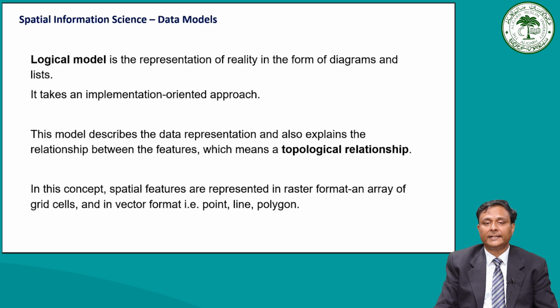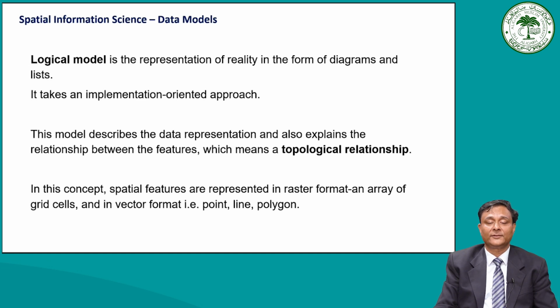A logical data model contains all the details to define an information domain. So, the logical model is the representation of reality in the form of diagrams and lists. It takes an implementation-oriented approach, and the logical model describes the data representation and also explains the relationship between the features, which means a topological relationship.